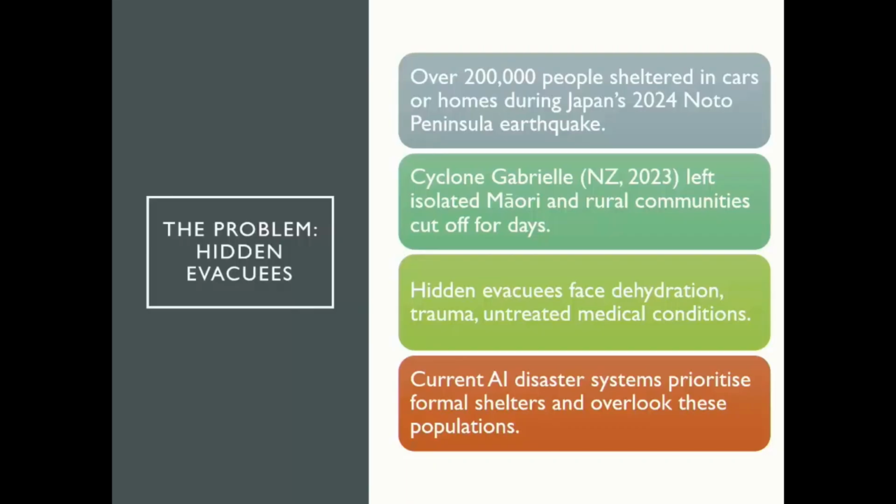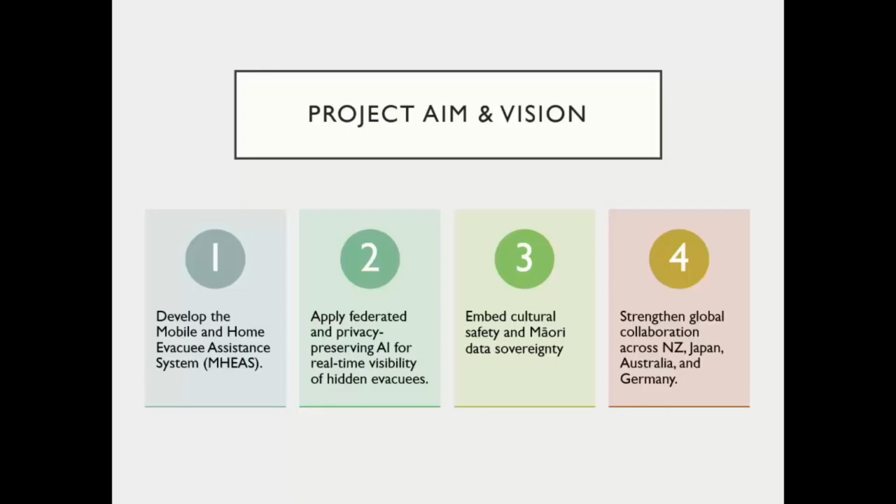This is already implemented in Japan, in Kumamoto City, after the earthquake in 2017. But now our idea is to bring this technology to New Zealand, adopt it, and enhance it with cultural safety and data sovereignty aspects. One of the issues is the privacy of the people, data privacy and data sovereignty.